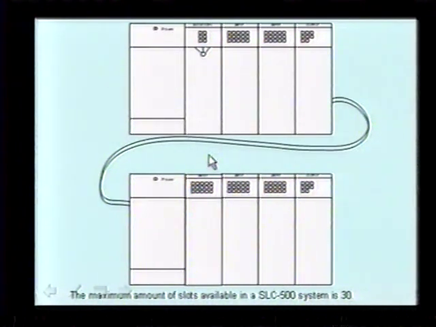So if you were going to determine what slots these are, this is slot 0, slot 1, slot 2, slot 3, slot 4, slot 5, slot 6, and slot 7. So 2 4-slot racks, and you can actually have 7 I/O cards in them. And then the first, slot 0, is reserved for the CPU.